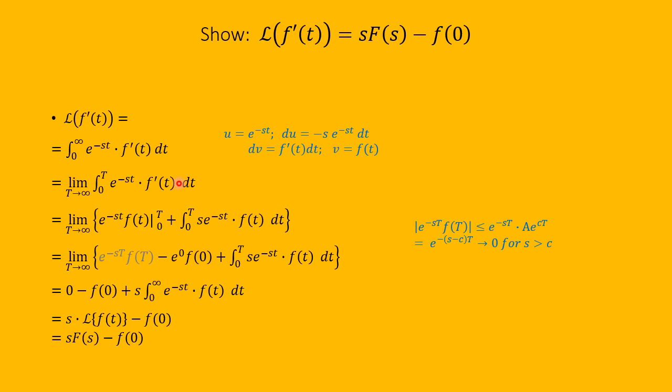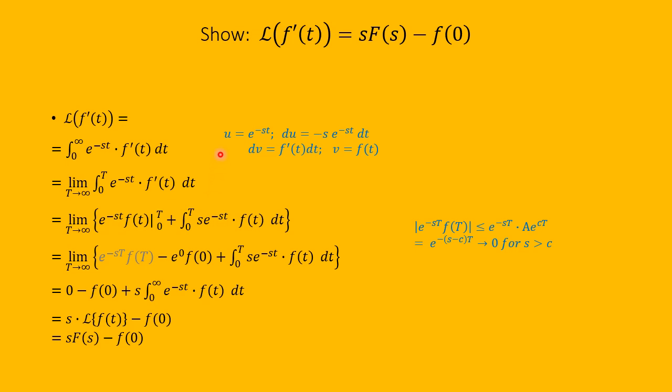Okay, so now let's look at what we have down here. We still have this limit, and now what we're looking at here is the integral from 0 to T of u times dv. And so that's equal, by integration by parts, to u times v minus the integral of v du.